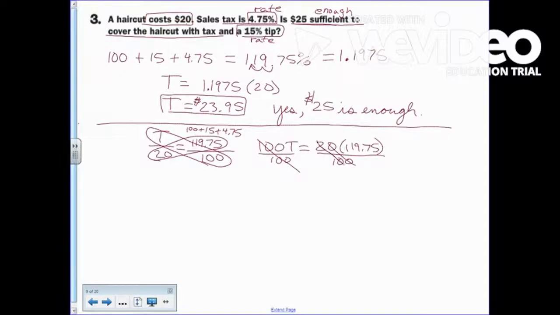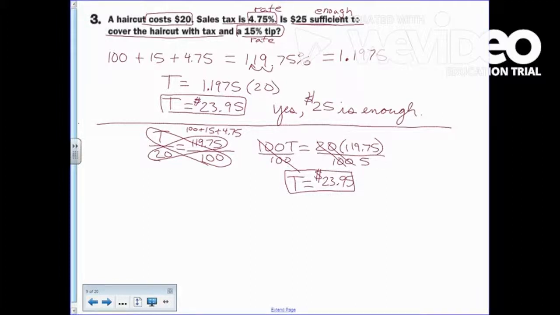And that's going to be 119.75 divided by 5. And when you put that into your handy dandy calculator, do it now, you should have gotten $23.95, the same answer.